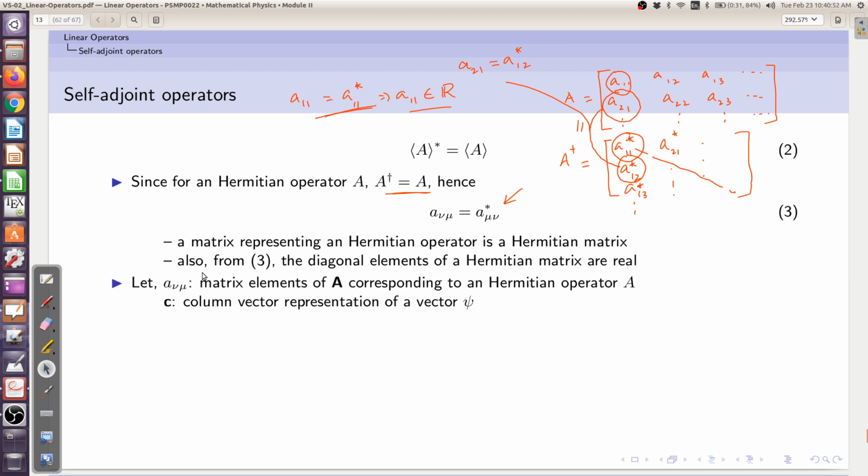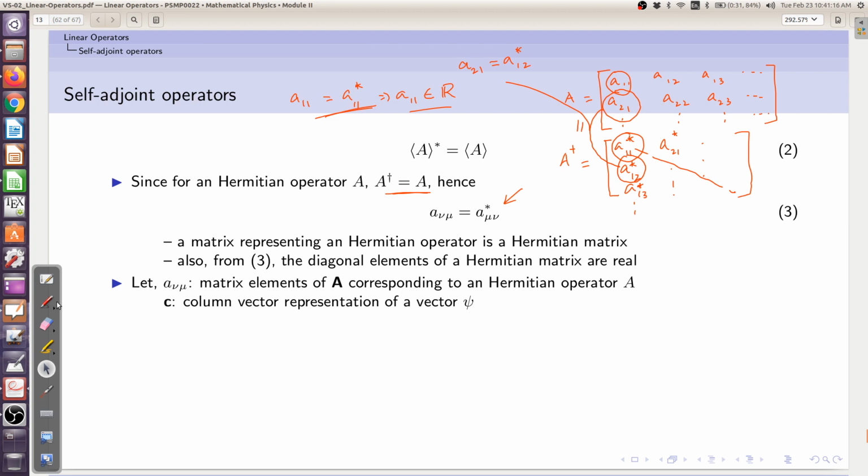So let us say A nu mu are the matrix elements of A, which corresponds to the Hermitian operator A. And as before, we have C, the column vector representation of a vector. Psi is a function which can be written as a linear expansion of a basis, and you collect the coefficients in the linear expansion and make a column vector.